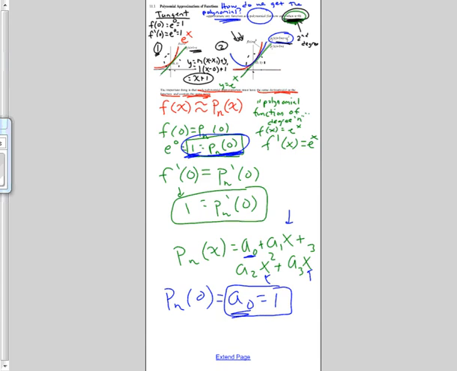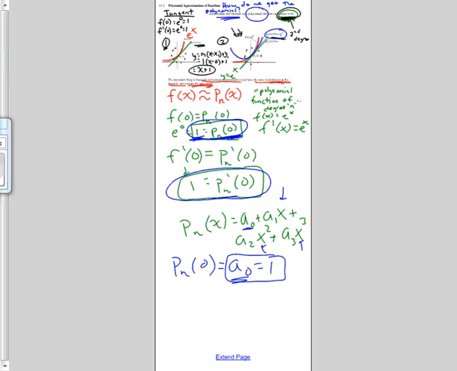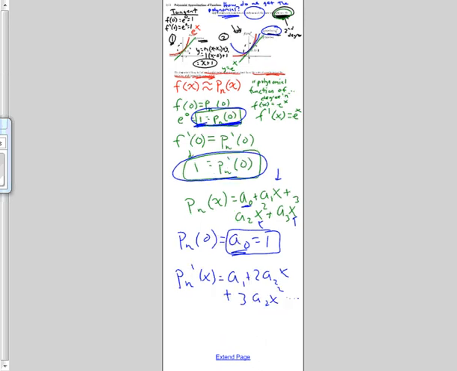Similarly, we know that the first derivatives must be equal. Well, let's take the derivative of P sub n. The derivative of P sub n of x is a sub 1 plus 2 a sub 2 x plus 3 a sub 3 x squared, dot dot dot. But we know that our first derivative at 0, when x is 0, is 1.